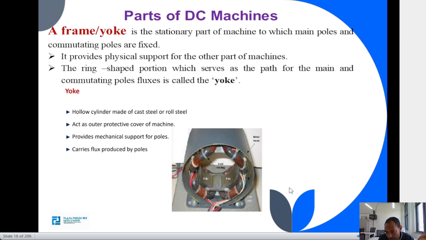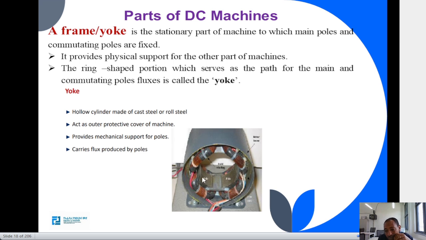This is the outer part which is exposed, and it acts as a protective cover from the environment. It gives physical strength for the internal machine parts also, and it provides mechanical support for the poles. Here are the poles, and the poles are fixed on the yoke.